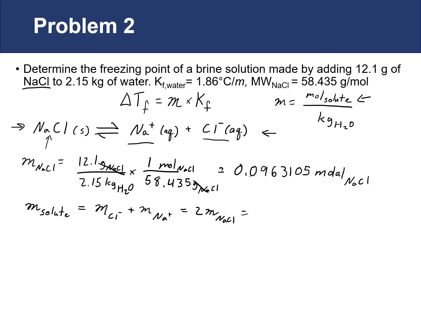So this would be equal to 2 times the number that we just found, which gives us 0.1926210. In terms of significant figures, our top value in our molality here has 3 sig figs, our bottom value has 3, so this value will have 3. When we double it, the end result will also have 3 sig figs.